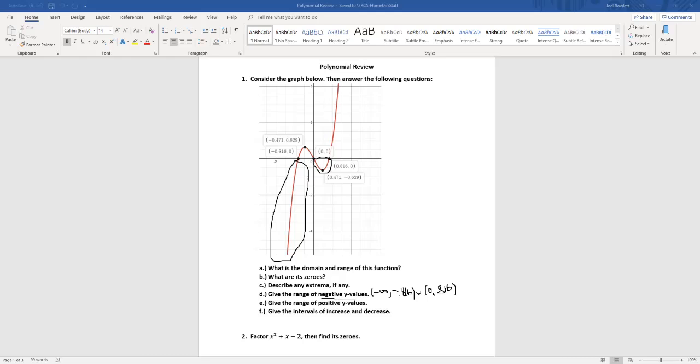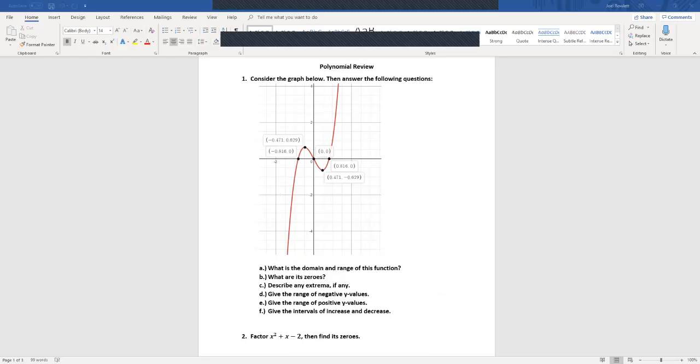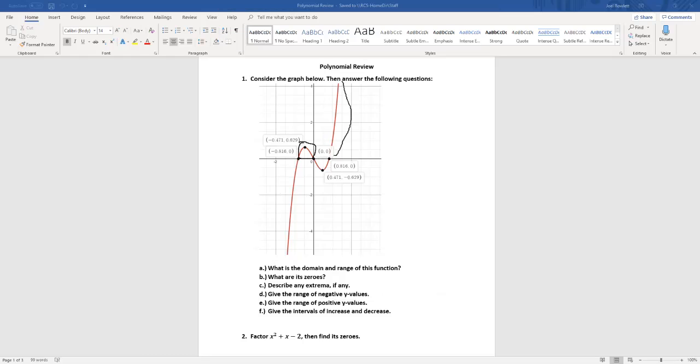Part E wants us to give the range of positive y values. Well, our y values are positive whenever they are above the x-axis. So it looks to me like this area here and this area here. So the y values are positive as x goes from negative 0.816 to x is 0.